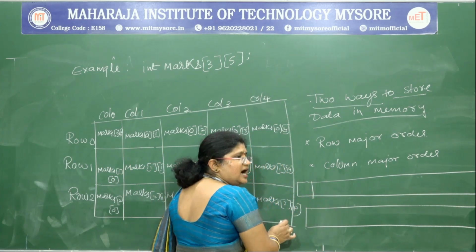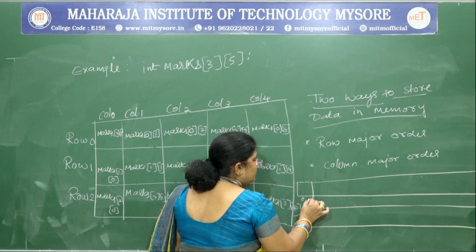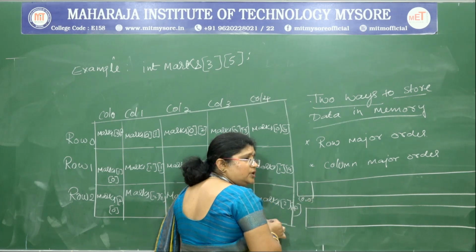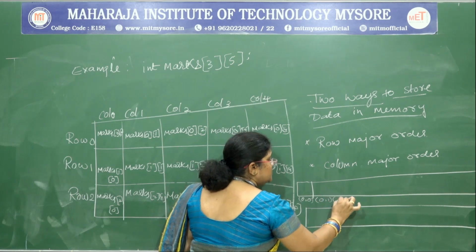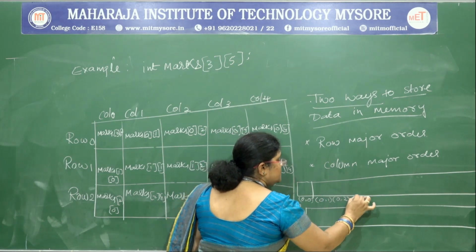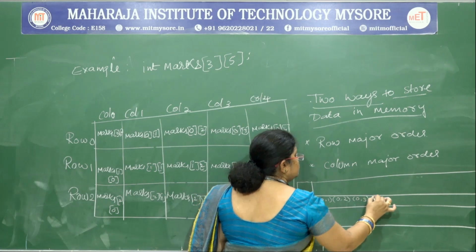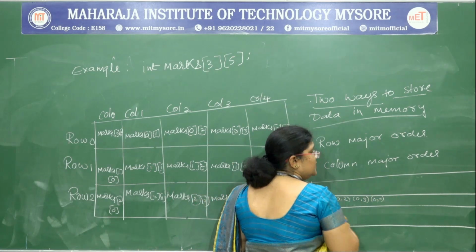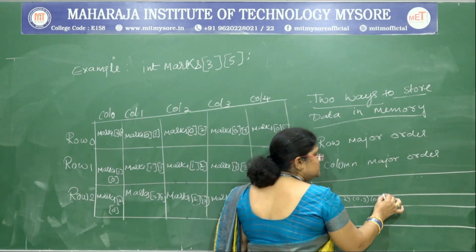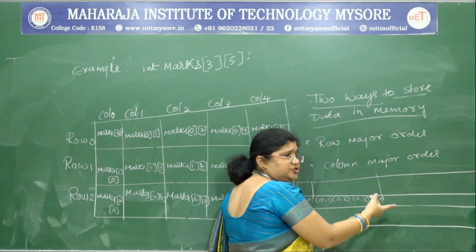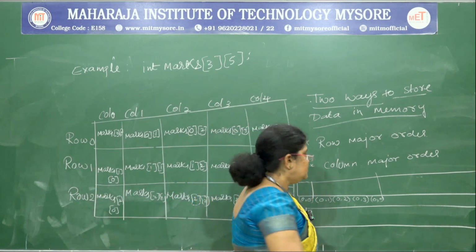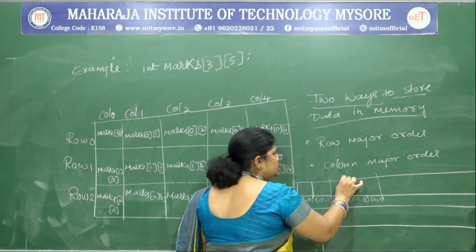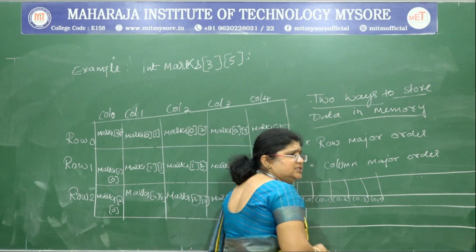It starts saving 0,0, that is 0th row 0th column, 0th row first column, 0th row second column, 0th row third column, 0th row fourth column. In the same manner, it continues for the next row, that is row number 1, with the subscript 1.